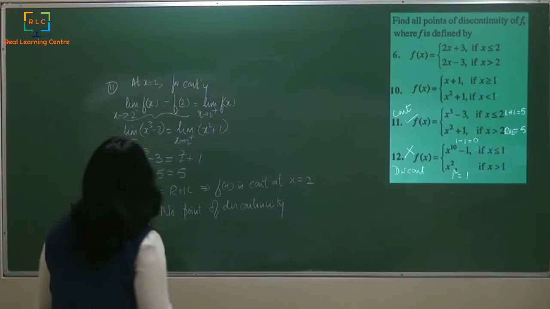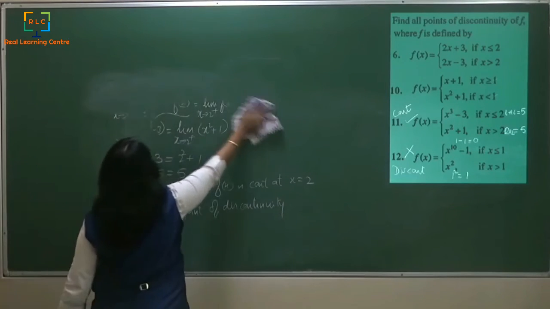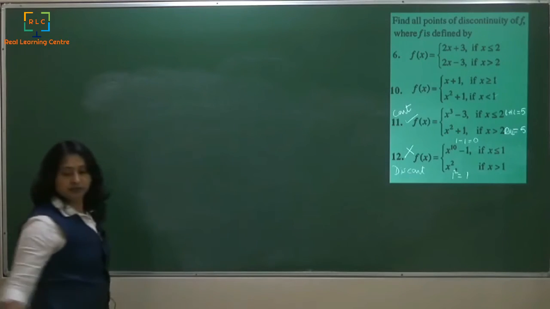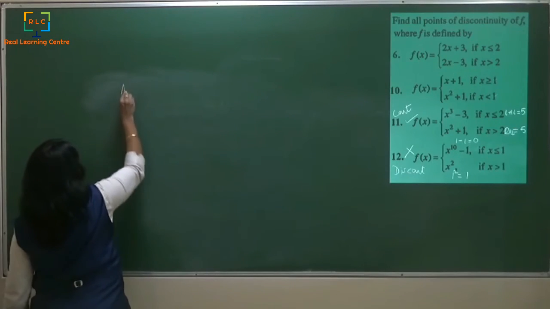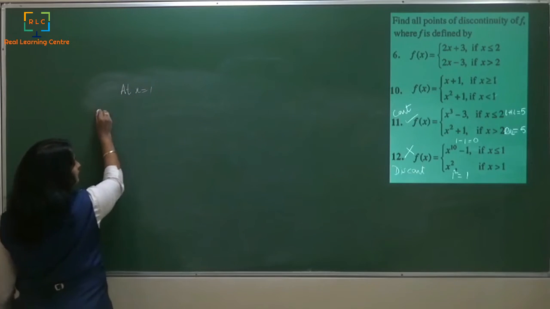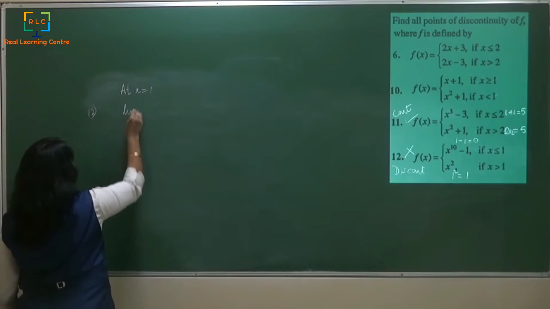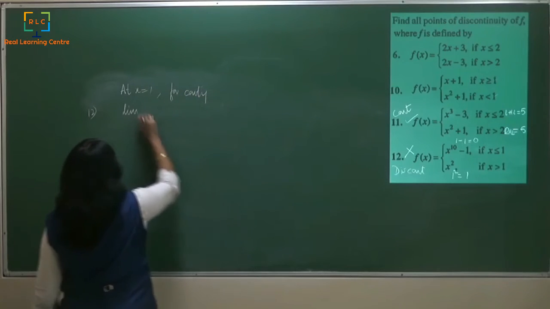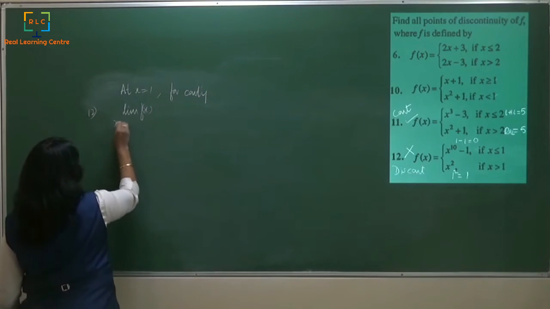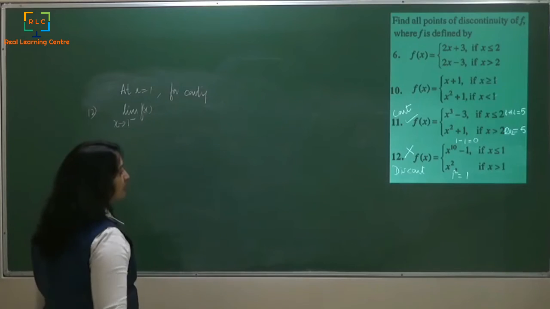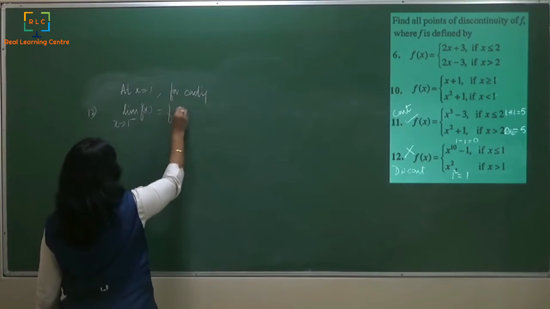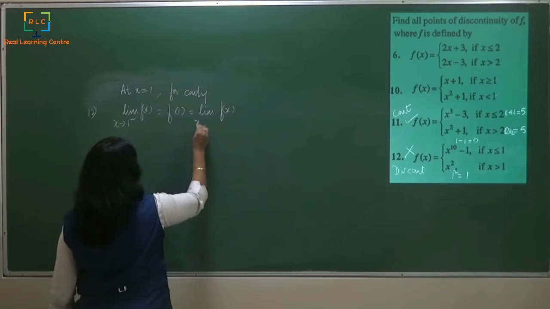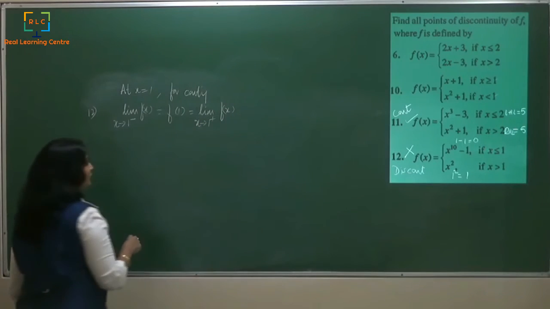Now we go to question number 12. Question number 12, I suppose you can do it by yourself, then I'll finish it. We say at x equal to 1, that is question number 12, and for continuity, limit of f of x as x tends to 1 minus is equal to f of 1 is equal to limit of f of x as x tends to 1 plus.